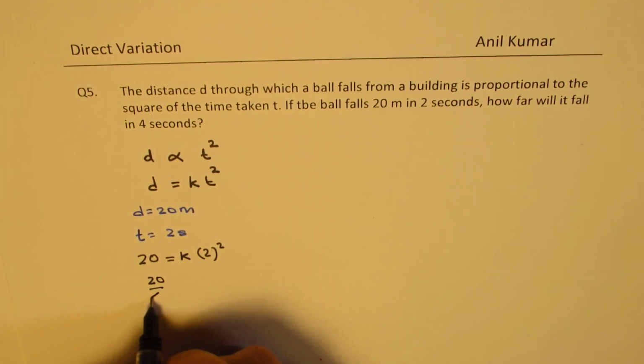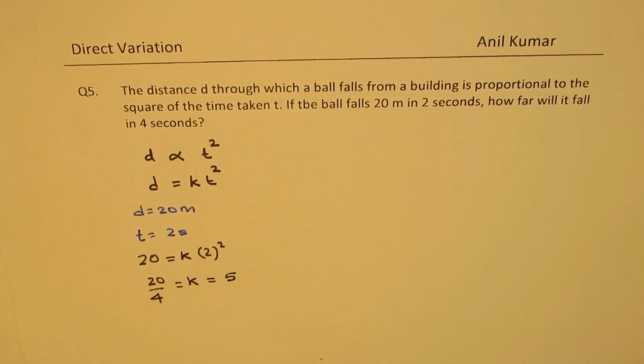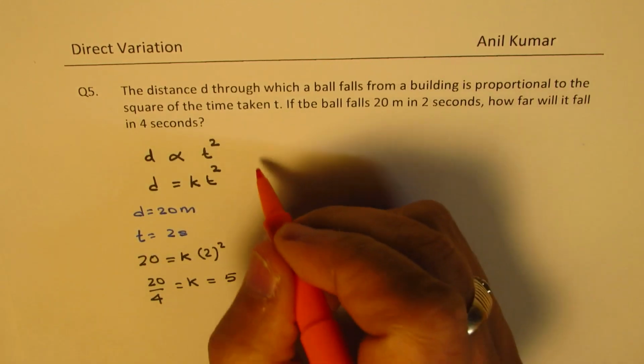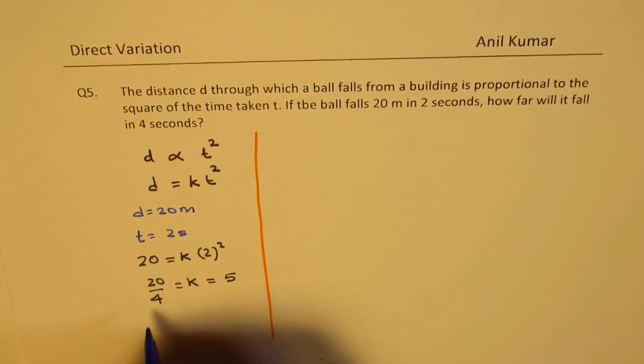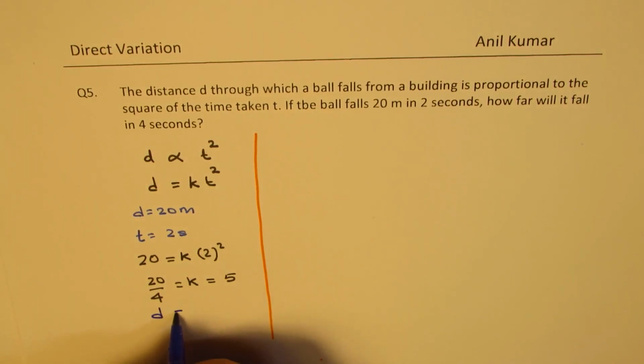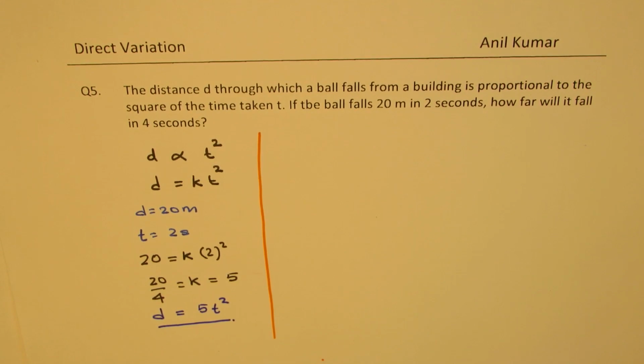So it will be 20 over 4. So the value of k is 5. So with this, we get our relation, correct? So let me write down the relation as distance d is equal to 5t squared. Now we can solve the given question.